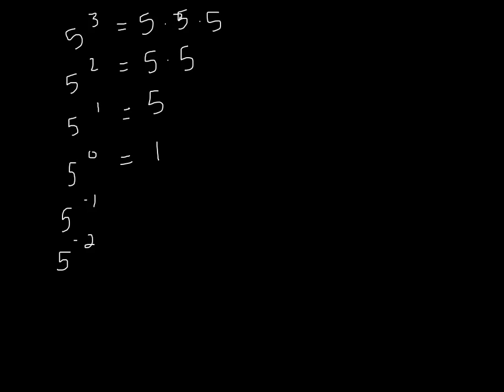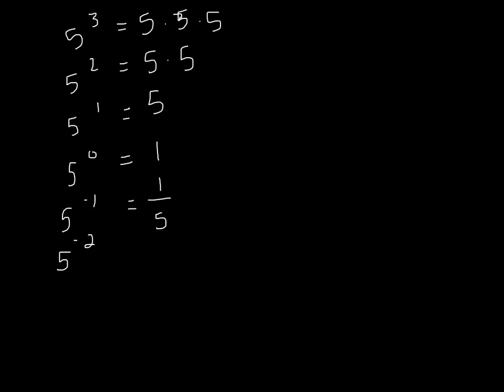Now, when you have a negative exponent, you can see here how our 5s have been slowly dwindling down. What you do in this case is flip it over.